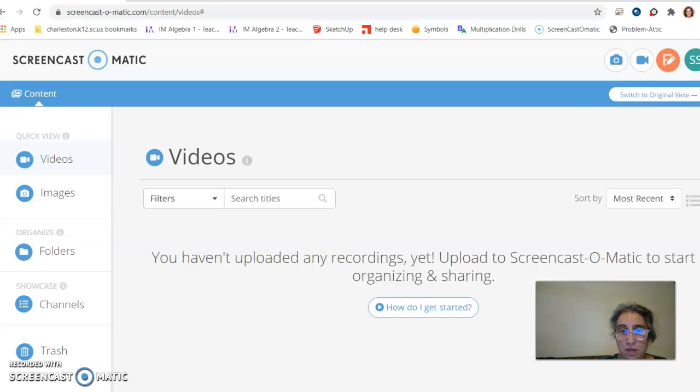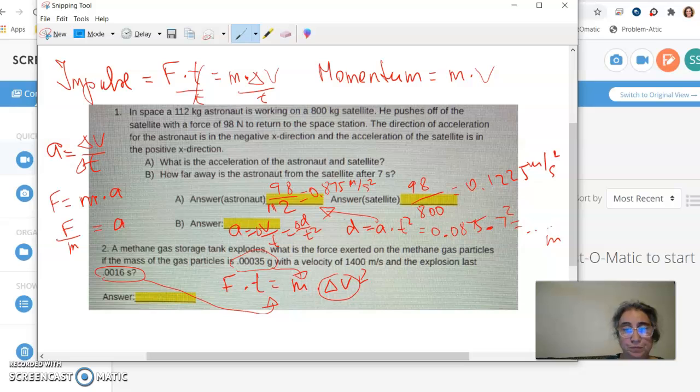And in this scenario, you're going to have to divide both sides by the time. So you have the force equal to the mass 0.00035 times the velocity 1400. We're going to handle the units at the end. Divided by the time, 0.000... that is not the time, my bad.